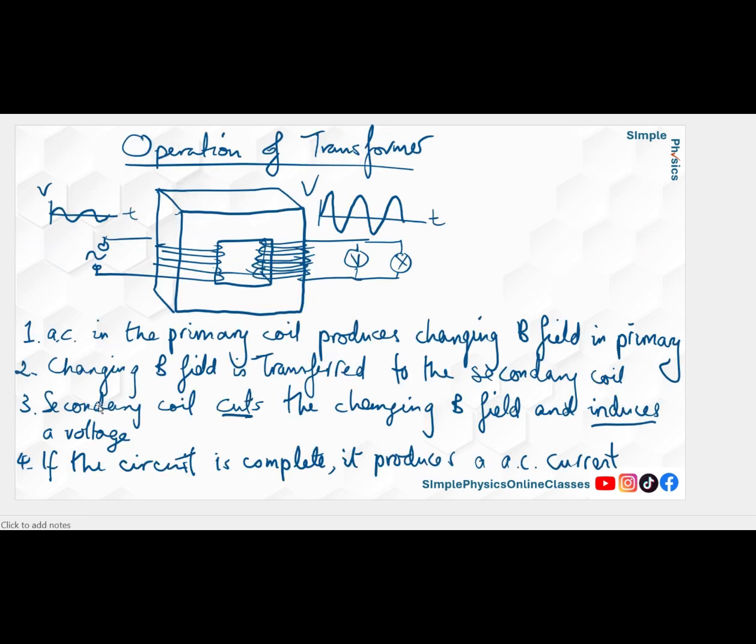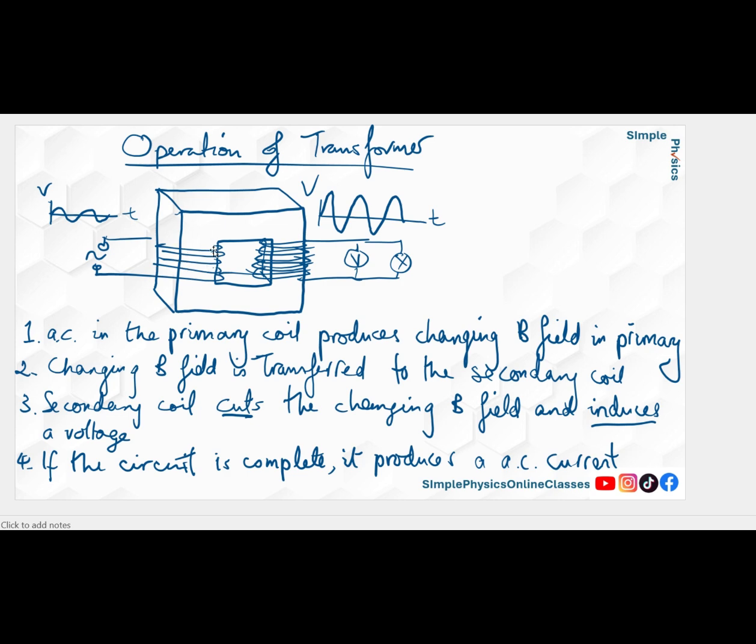So this is your description. Again, regurgitate it. If they ask how an alternating current on the primary produces an output on the secondary: AC in the primary coil produces a changing B field, because don't forget, the current in the wire produces the magnetic field around the wire. Because it's an alternating current, it produces an alternating magnetic field, which goes big, small, and the field direction is changing because the current is going positive to negative.